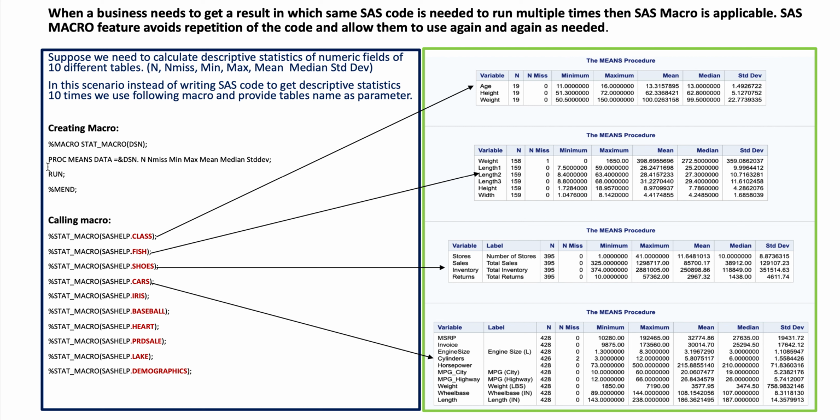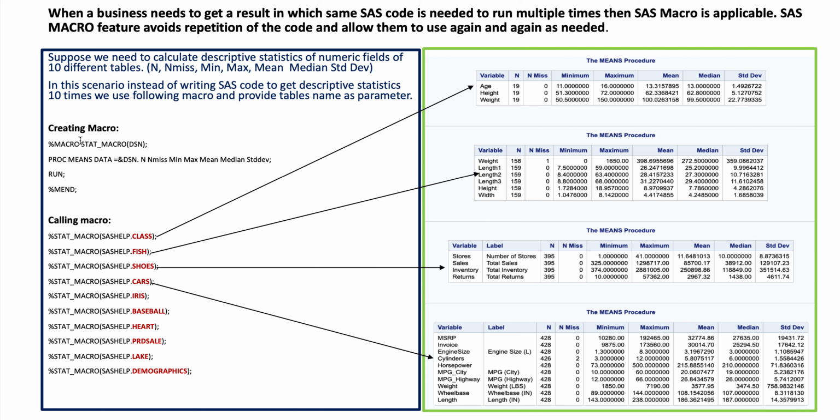In general, after the PROC MEANS statement, there is another statement, which is the VAR statement. That means we provide the variable name, so we calculate statistics for that specific variable. But in this example, the VAR statement is missing.